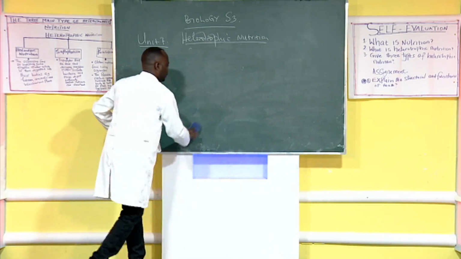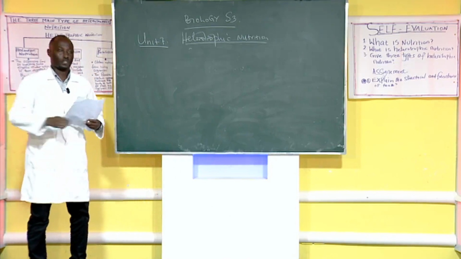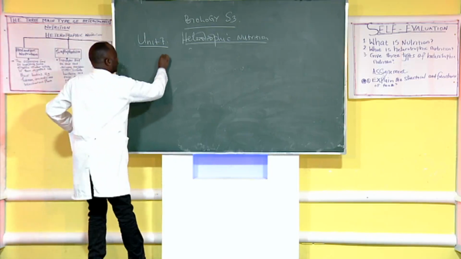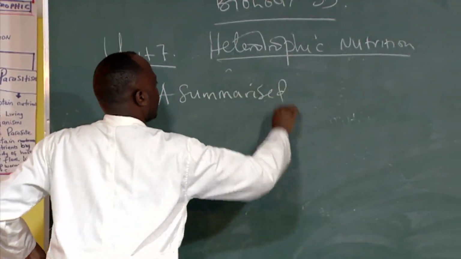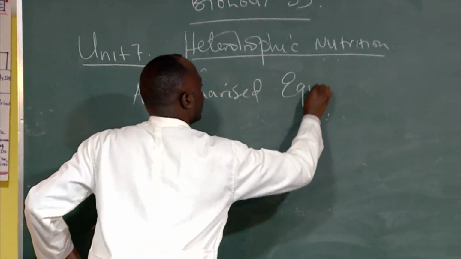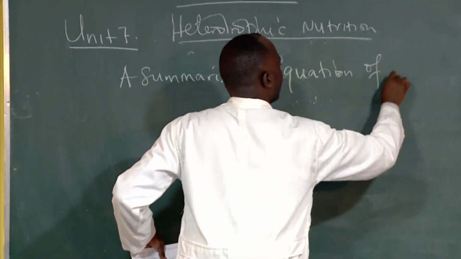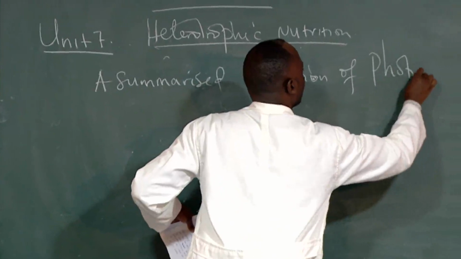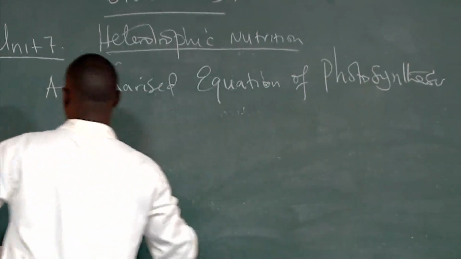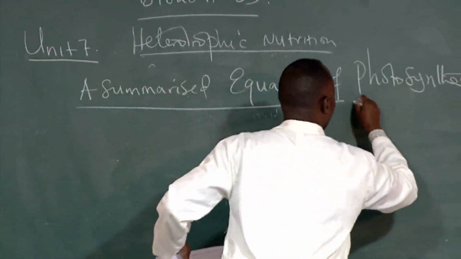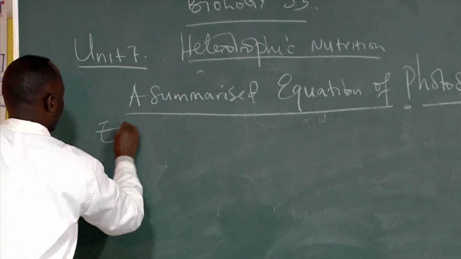Here is the definition that you gave, and right now we're going to write the equation of photosynthesis. A summarized equation of photosynthesis. You can have this. That is the equation.